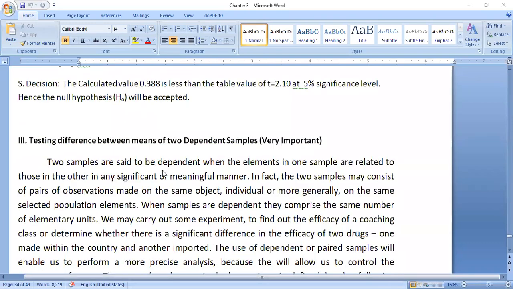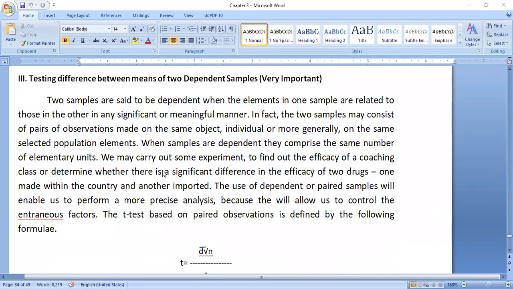This is the topic we are going to discuss today: testing the difference between means of two dependent samples. I have written here, very important. Two samples are said to be dependent when the elements in one sample are related to those in the other in any significant or meaningful manner.